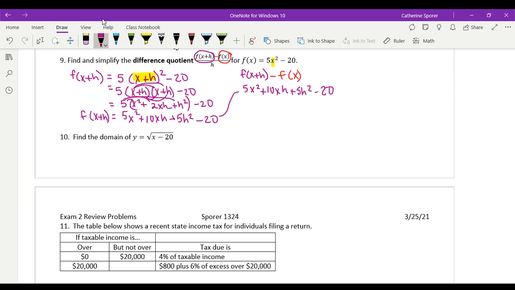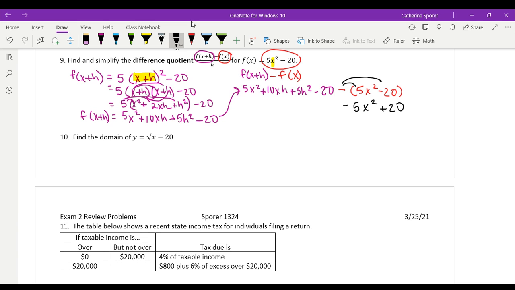So this whole thing. And then from that, we're going to subtract the original f of x, which is 5x squared minus 20. And whenever we subtract polynomials, remember to put them in parentheses. Okay, so minus (5x squared minus 20). And we'll distribute this negative to that second parenthesis, so minus 5x squared plus 20.